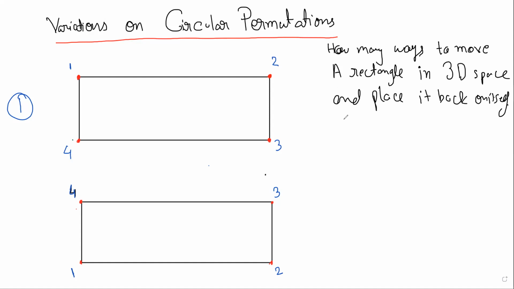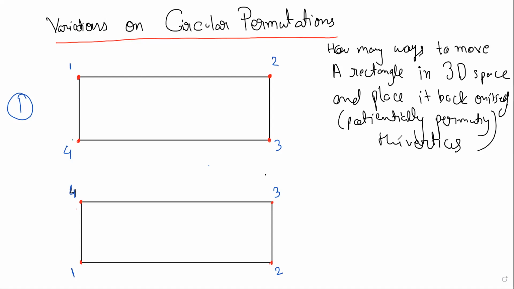Yeah, by potentially permuting the vertices, right? Obviously, not distorting the rectangle itself. Okay, not distorting, not breaking the rectangle and then reassembling and things like that. Respecting its solid shape.